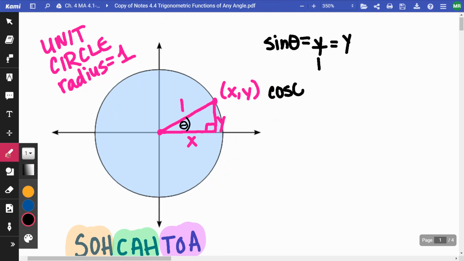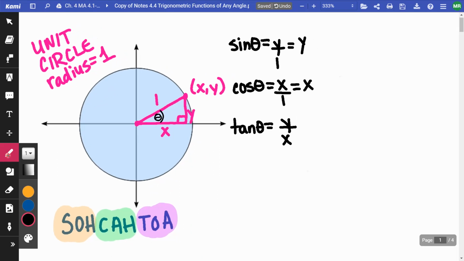We talked about this the other day. Cosine of that theta is going to be adjacent, which is x, over hypotenuse, and so I get just x. When I deal with tangent of that angle, that is going to be opposite, which is y, over adjacent, which is x.